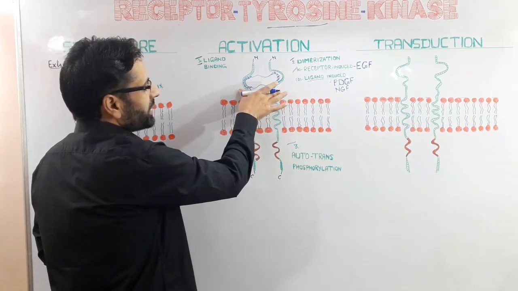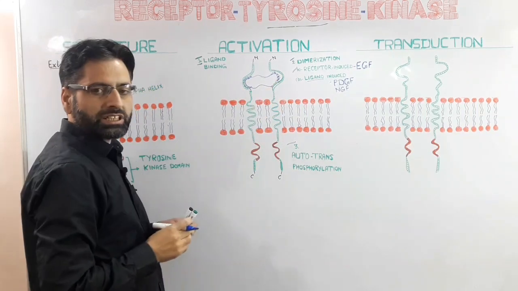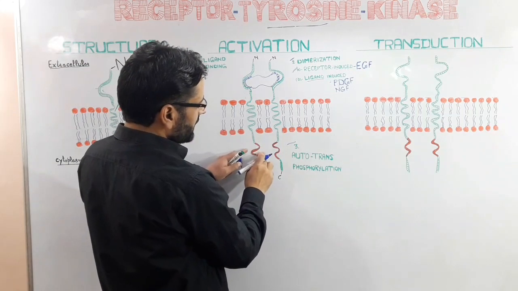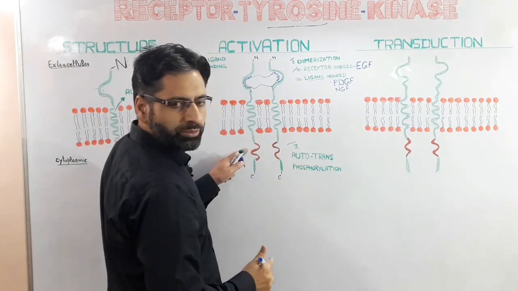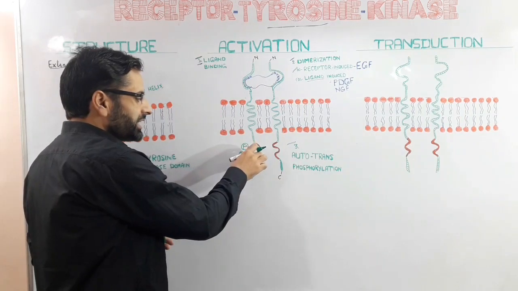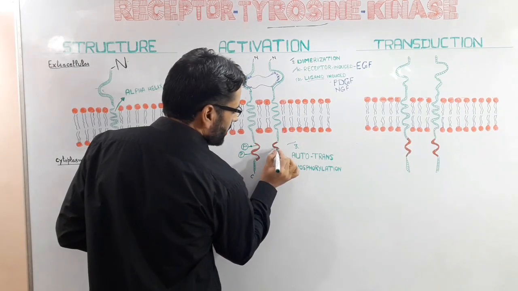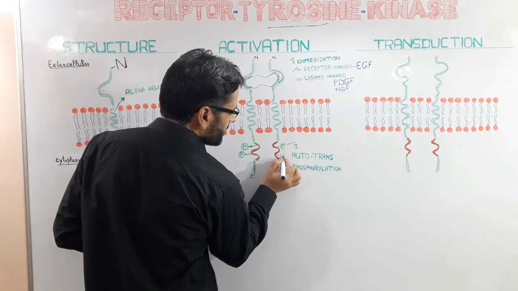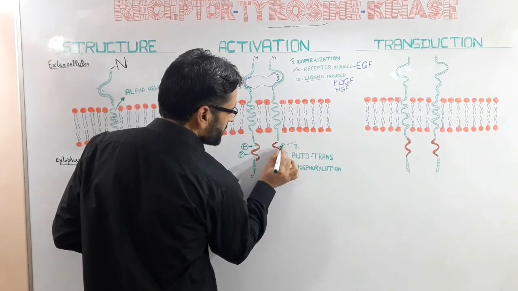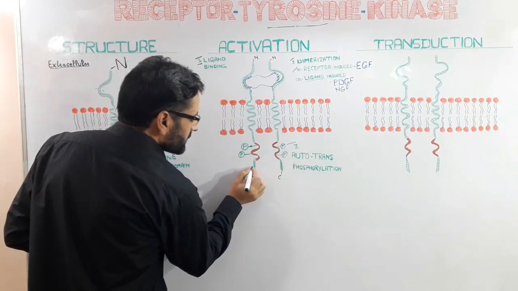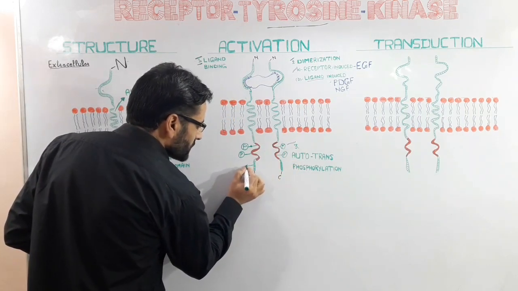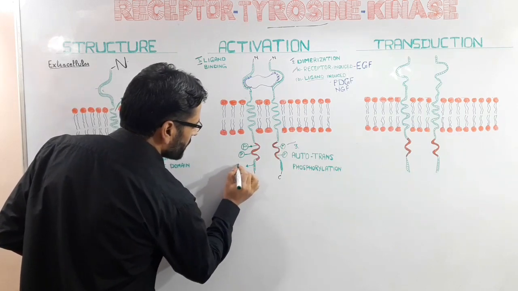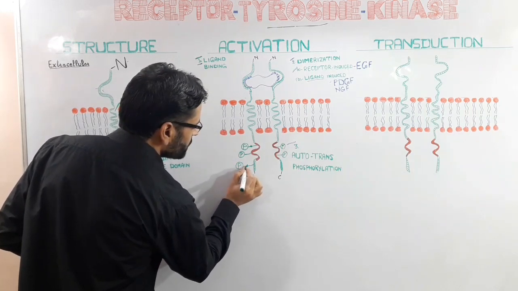Once they form the dimers, because of the conformational changes, it leads to increased tyrosine kinase activity of these tyrosine kinase domains. Once the enzyme activity in this segment or in this segment gets increased, they will not only phosphorylate their own tyrosine amino acids, but they will phosphorylate the tyrosine amino acids of the neighboring receptor molecules, and this is called transphosphorylation.